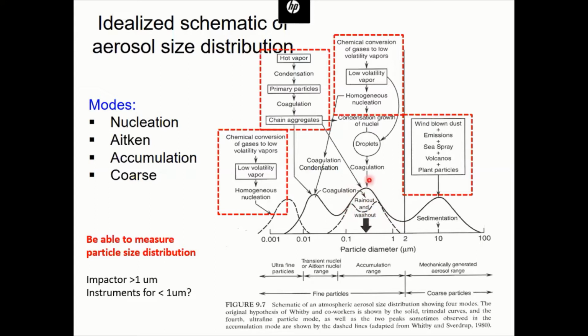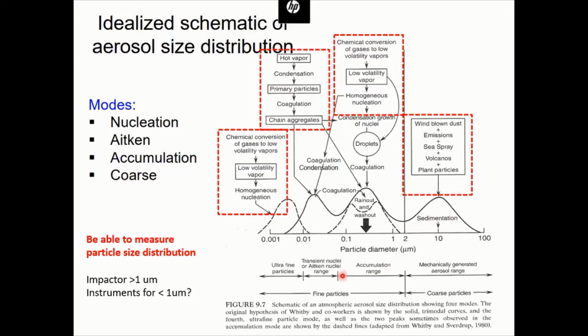So similar to masks, when we evaluate the filtration efficiency of masks, these particles are very, very difficult to filter out, mainly because of the removal mechanisms within this size range. And further above 1 micron, people call that the coarse mode, or the sedimentation mode, right? So these particles can easily settle down onto the ground.